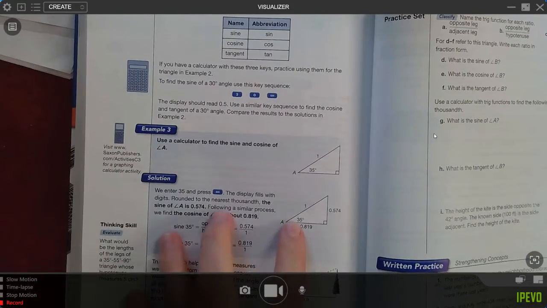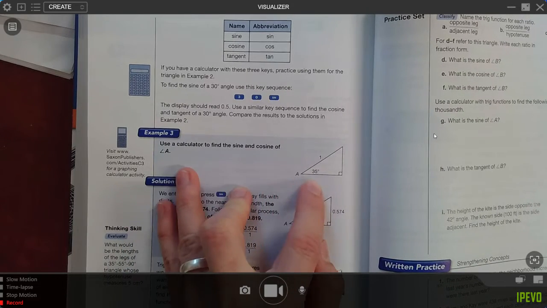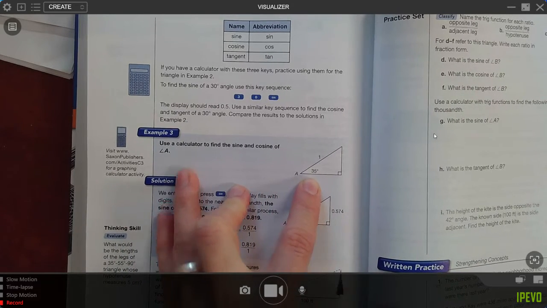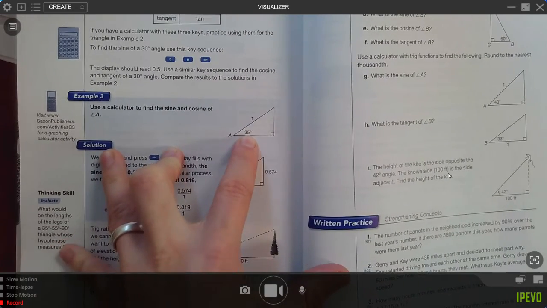With what they want you to do, if you're trying to use a calculator to find the sine and cosine of angle A, here I have the angle of 35 degrees.